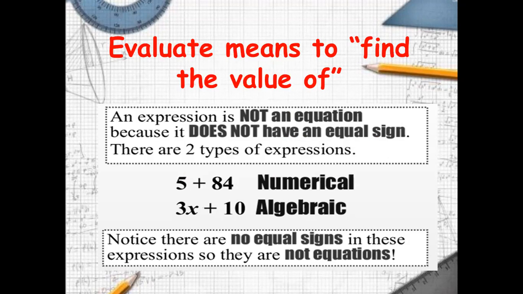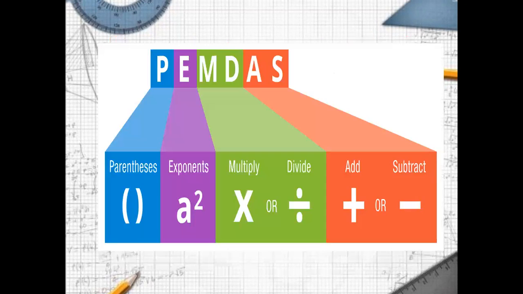One is the numerical one, as shown here, with only numbers, and the other one is the algebraic one, which has variables and numbers. Notice that there are no equal signs in these expressions, so they are not equations.